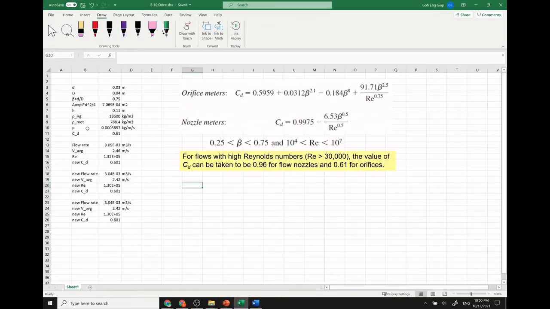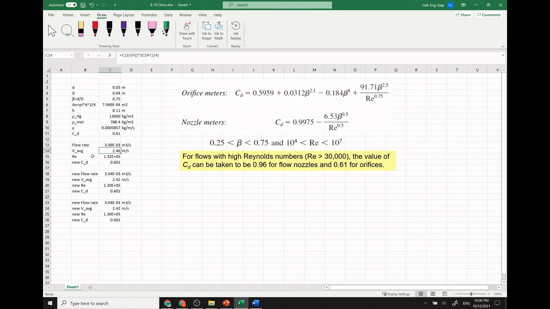So we have 3.09, the first calculation, and the volumetric flow rate 3.09 10 to the power negative 3, and then the velocity 2.46.